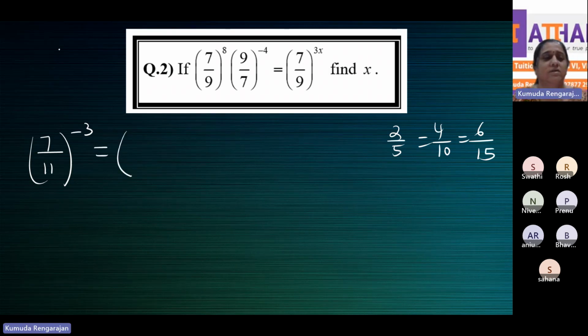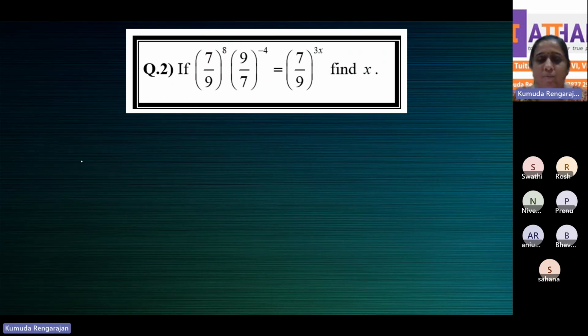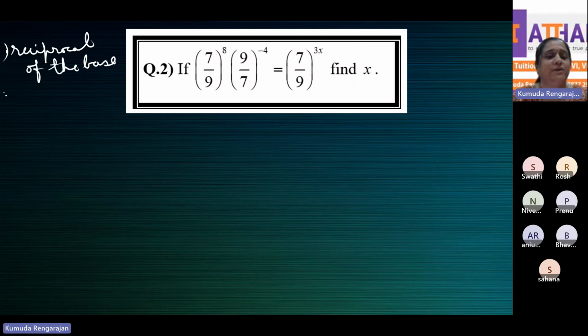use two rules. When we have the exponential form, there are two components, base and power. Whenever you see an expression in the exponential form, there are two components. One is the base, the other is the power. Remember this rule: reciprocal of the base, then negative of the power.